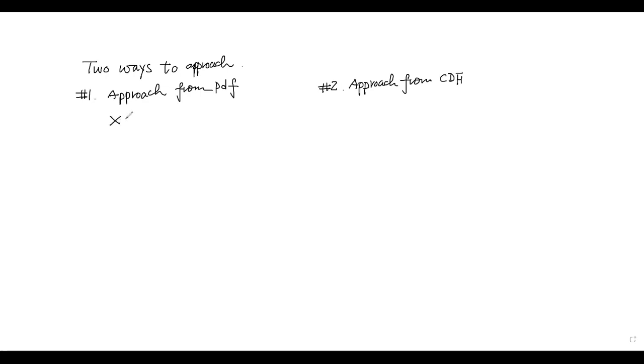So for the given f of x as a PDF, let's say this is the f of x function here. Then I have a new variable Y defined as u of x. Like I said, it's very similar to the u sub we talk about in calculus.